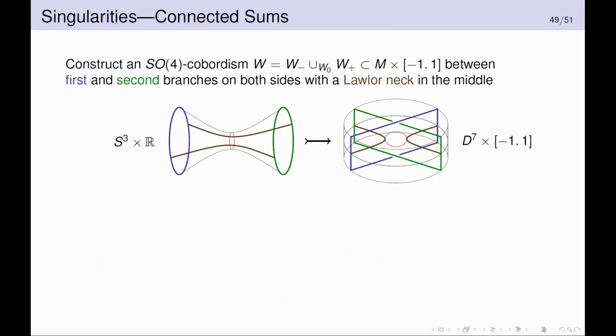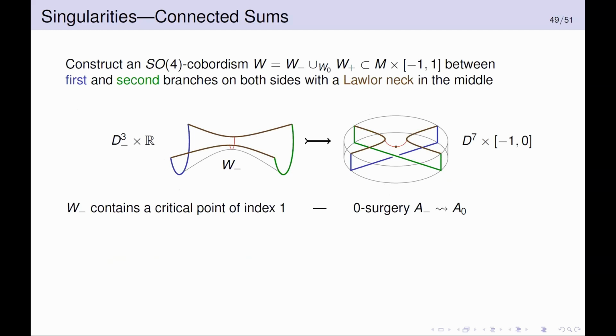We construct an SO(4) cobordism W between the first and the second branch. There you see the blue and the green thing, and then in the middle, the brown stuff that's going to become the W. And I guess this is hard to digest, so let's look at the lower half first.